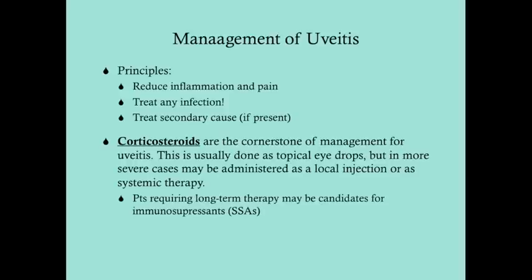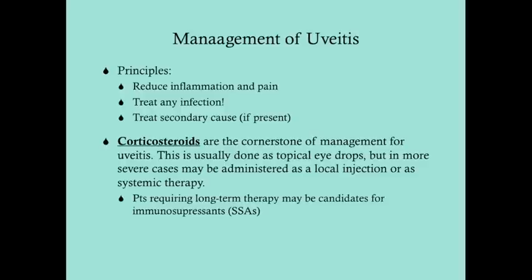And this is usually done as topical eye drops when we're talking about anterior uveitis, but in more severe cases of anterior uveitis, or if it's intermediate or posterior uveitis or panuveitis, you have to give either a local injection or systemic therapy.